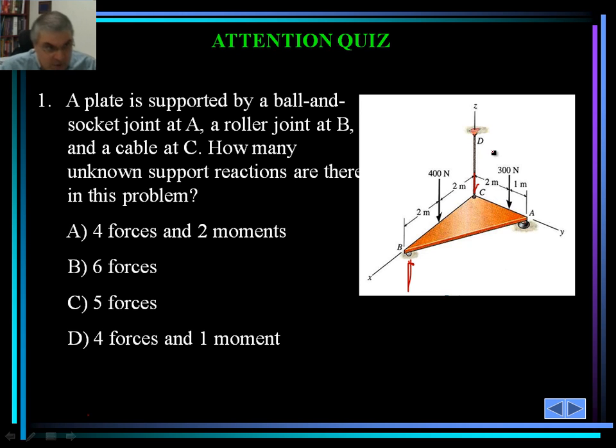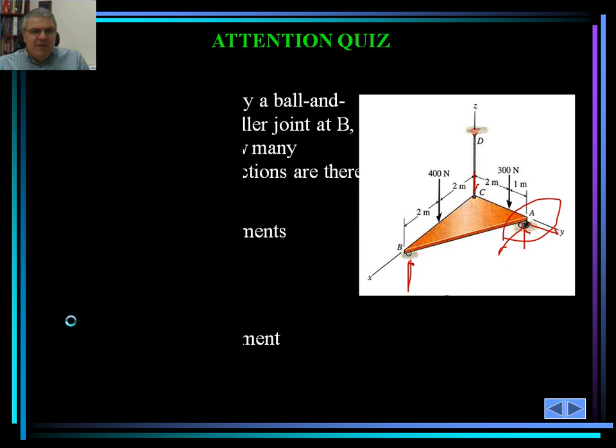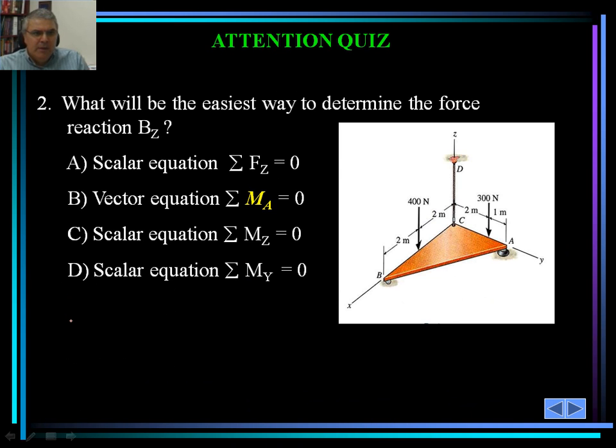So we have 2 so far for C and B, and there will be 3 for the pin at A in 3 different directions: one in the z direction, one in the y direction, and one in the x direction. So 3 plus 2 would be 5 forces for this system. So C is the correct answer.